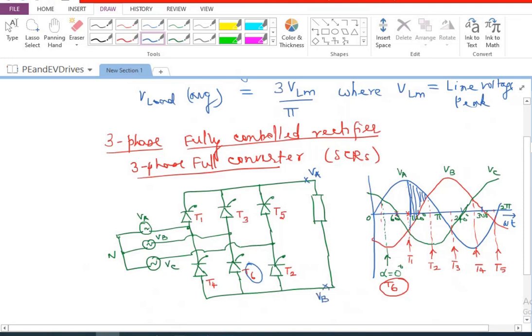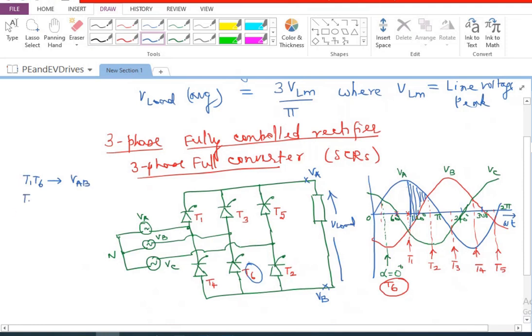So between VA and VB, whatever is the available voltage, that is what is coming up across the load. If I call this V load, that V load will be exactly whatever is between VA and VB when T1 and T6 are conducting. So when T1, T6 are conducting, it is going to be VAB.